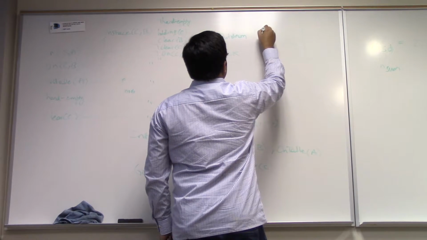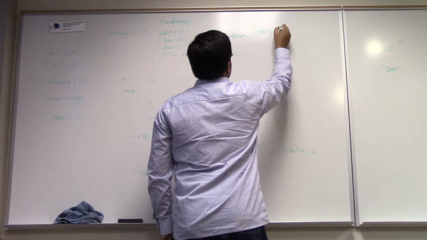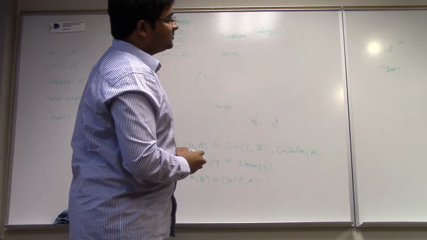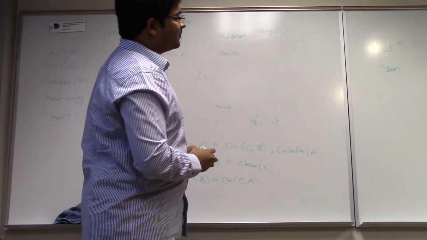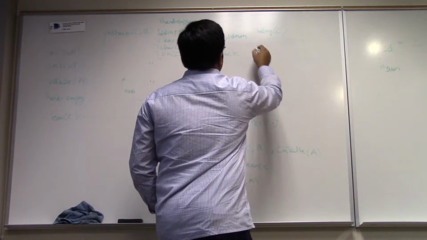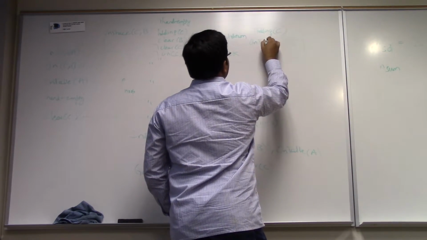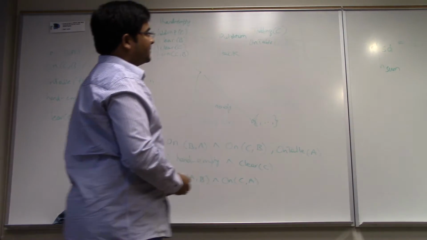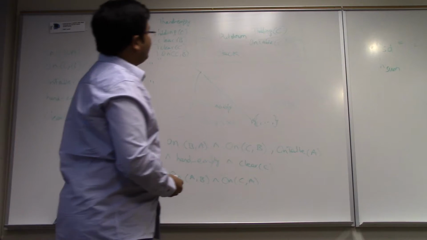So give us not holding C. Okay. What else? And non-table C. Table C is not there. So that's it. What about stack?